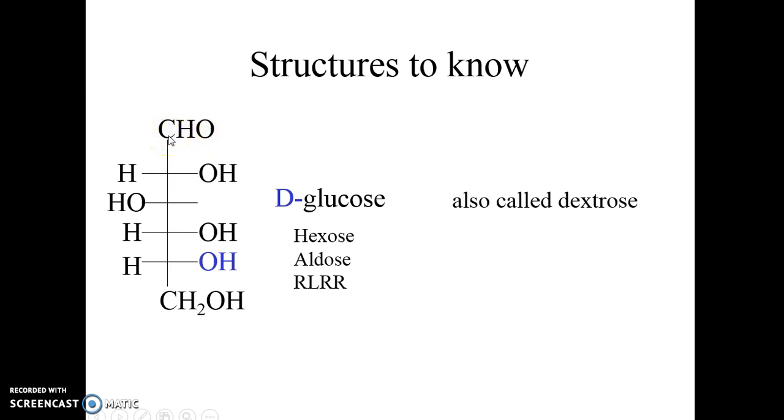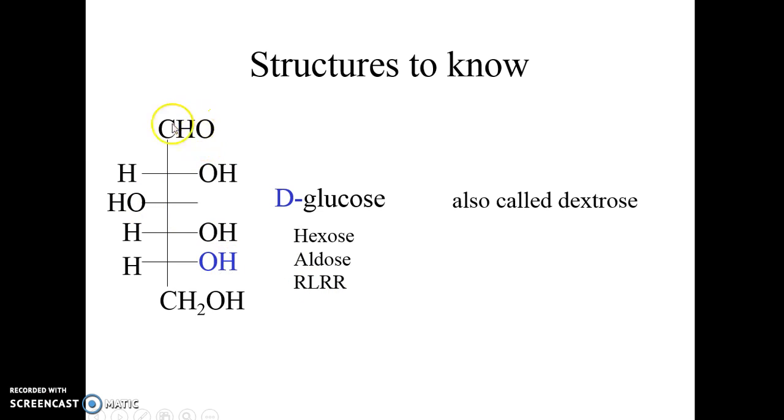Glucose is an aldohexose, so you will see 1, 2, 3, 4, 5, 6 carbons. A hydrogen's missing here. There should be a hydrogen written here, like over here. If I look at this, you can see when we draw D-glucose, the hydroxyl groups are going to be right, left, right, right. Notice I wrote RLRR.